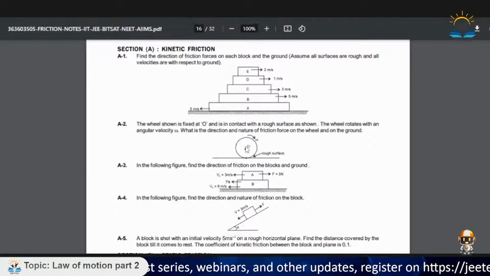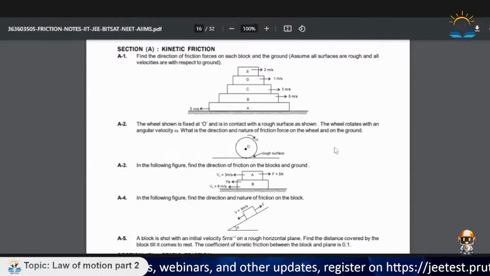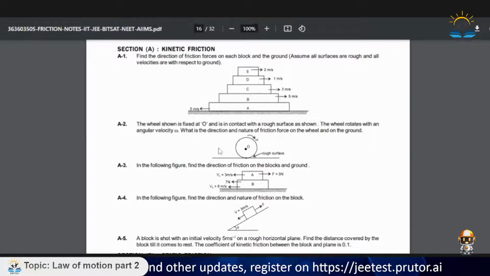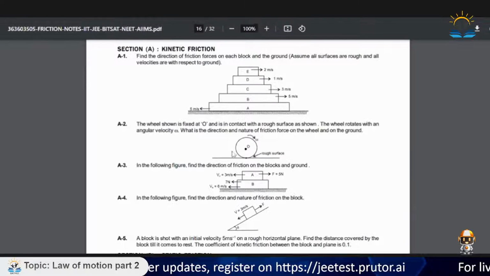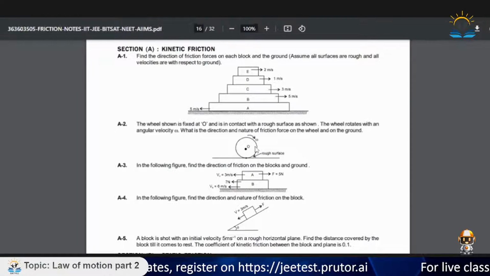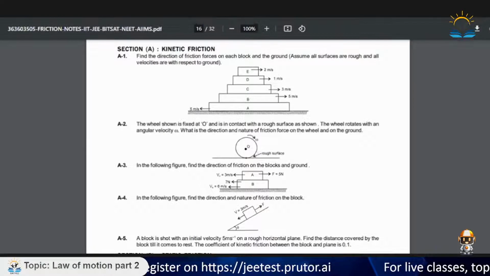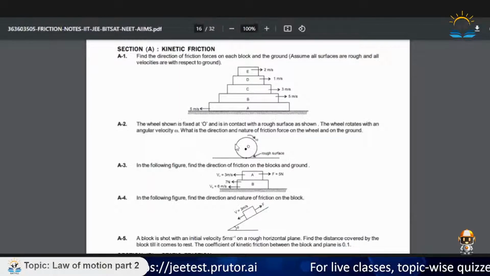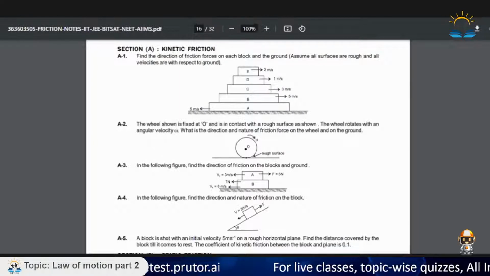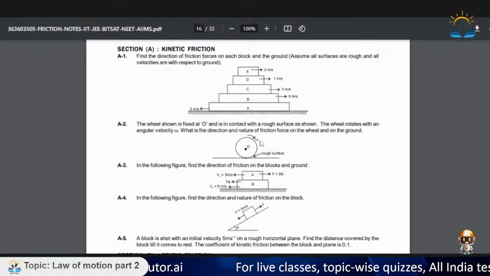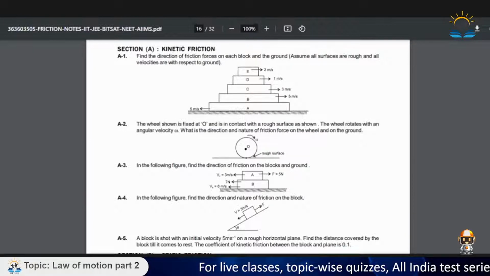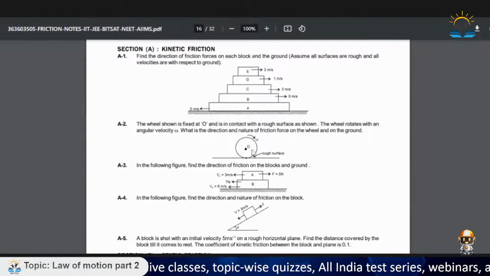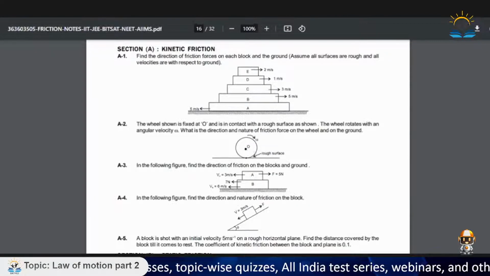The wheel may be skidding, in which case the wheel is in slipping motion. Another case can be that the wheel is in pure rolling motion. And the third case is that the wheel is slipping and also rolling. So the first case is the wheel does not roll, it just slips.